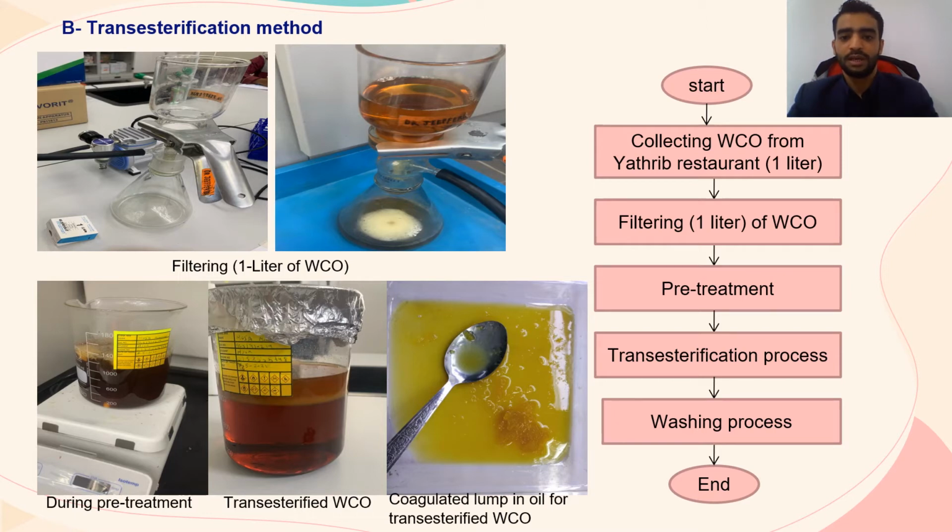Firstly, collecting 1 liter of waste cooking oil from Yathrib restaurant and Bukit Beruang, UTeM. Secondly, filtering the waste cooking oil using this pump, as shown in the picture, with filter paper size 47 mm. Then the pre-treatment of the filtered waste cooking oil.